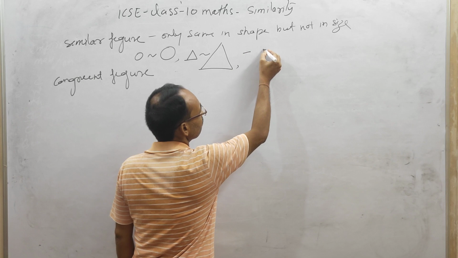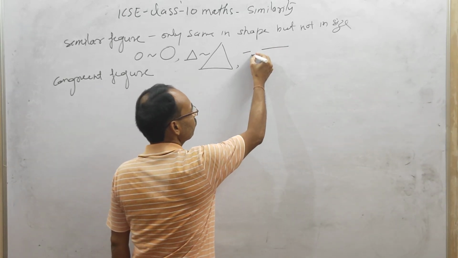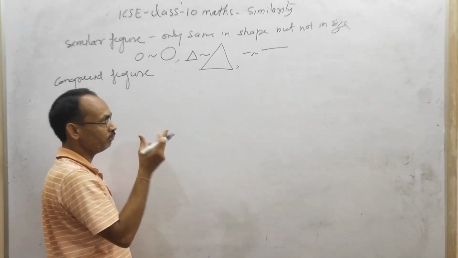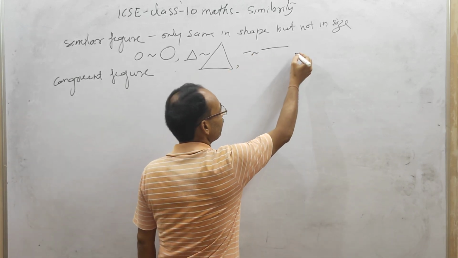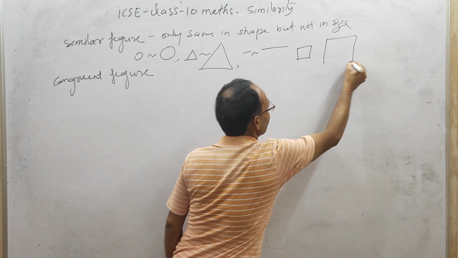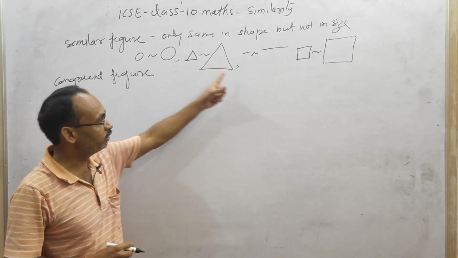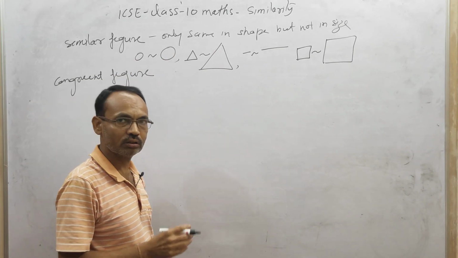Two lines are also similar because they are the same in shape. Two squares are also similar. These are examples of similar figures.